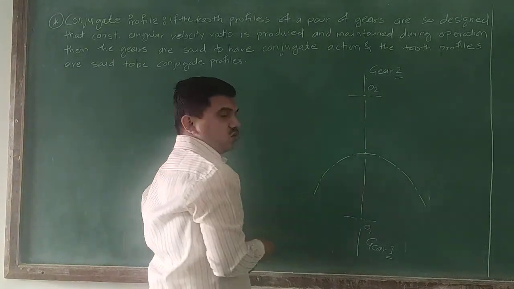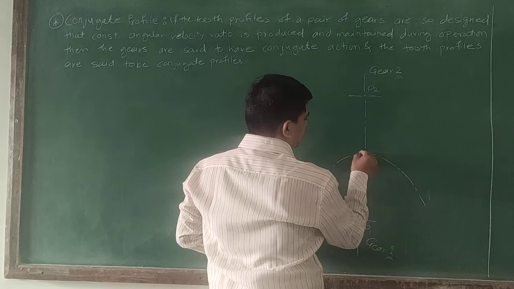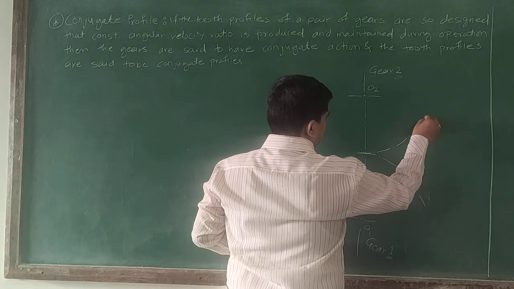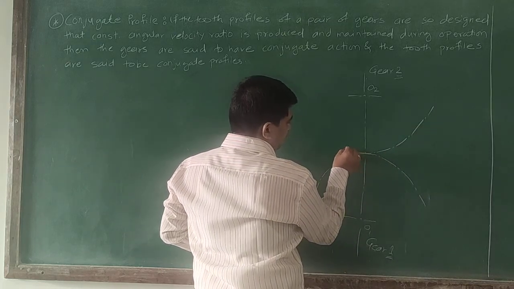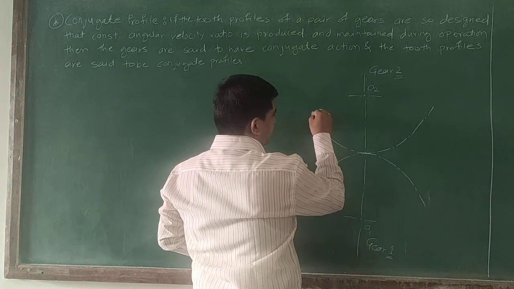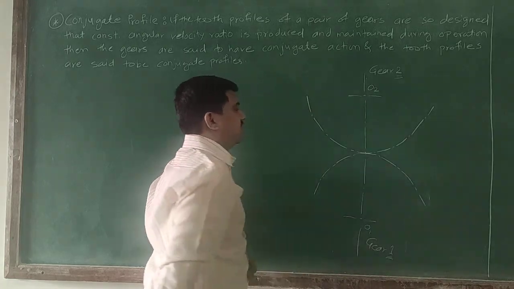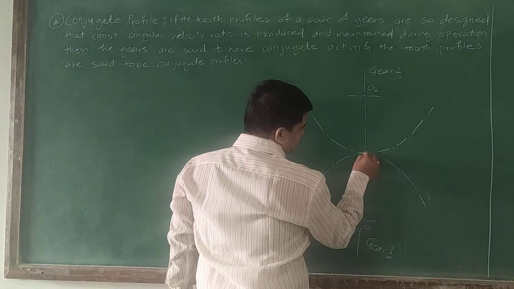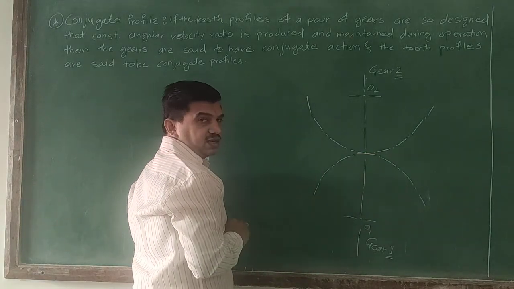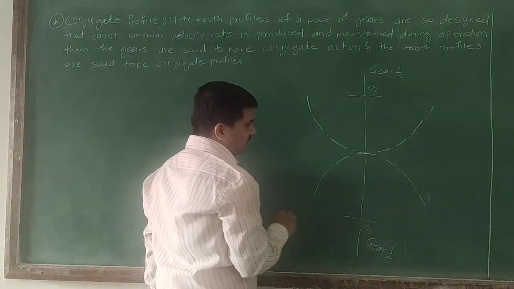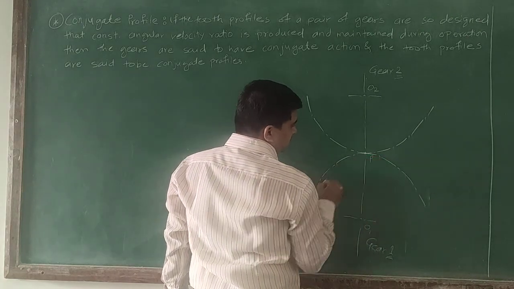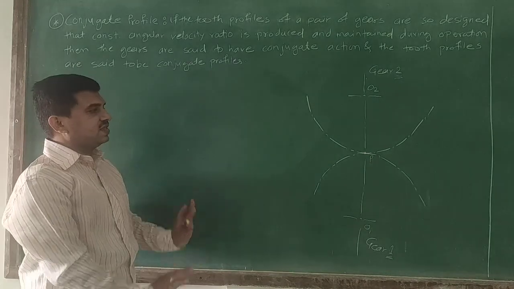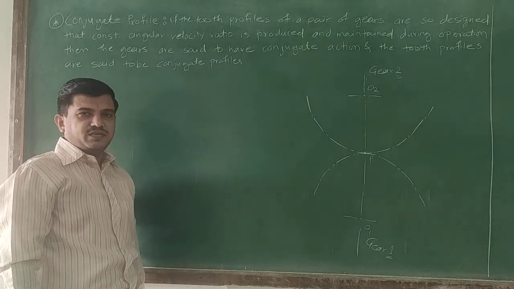Similarly for gear 2 we will draw another pitch circle like this. This is the pitch circle for gear 2, and we are all aware that at the intersection of these pitch circles, we name that point the pitch point. So this is the point P. This is the basic thing we have.